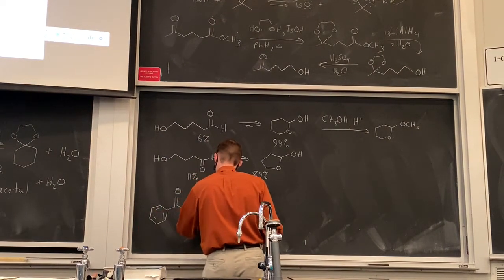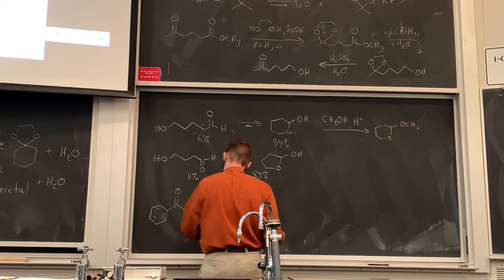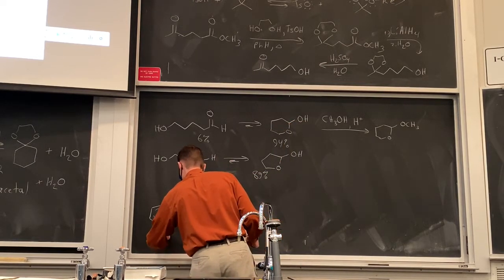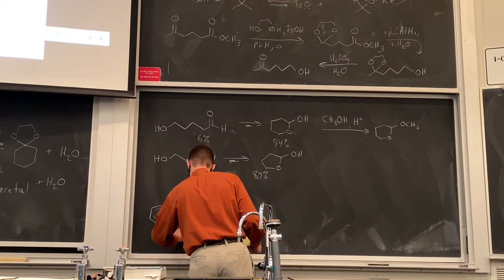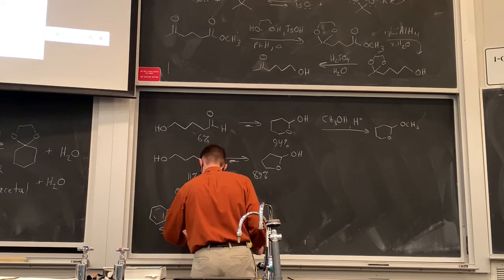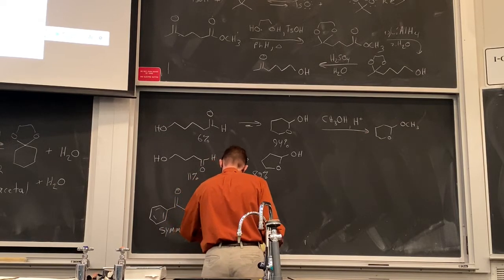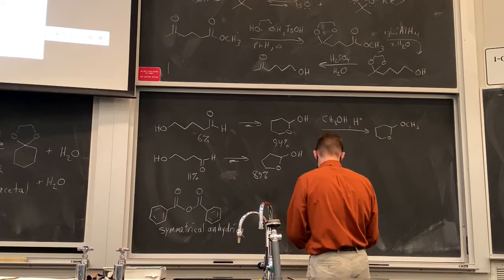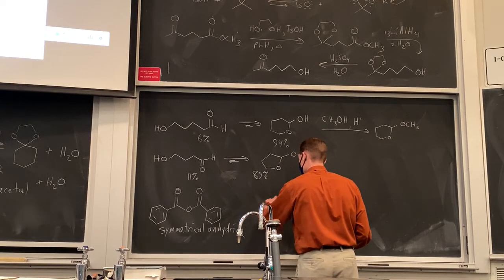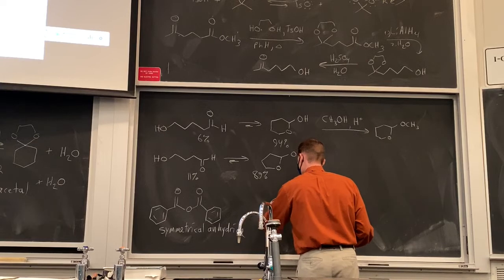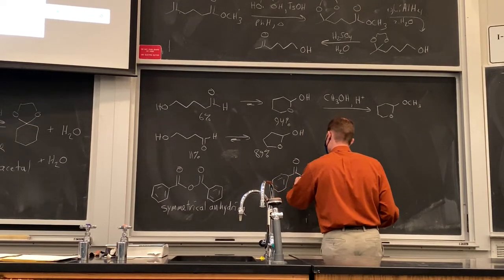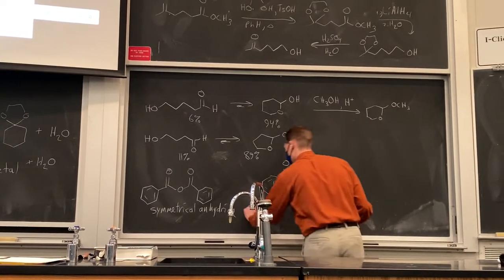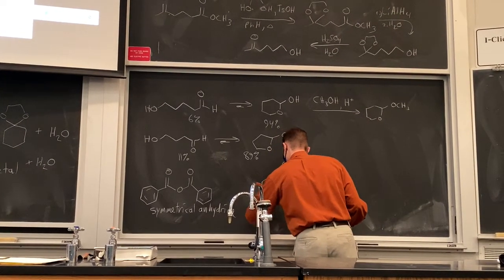We can have symmetrical anhydrides. These would be derived from two equivalents of the same carboxylic acid. Okay, so we would call this a symmetrical anhydride. And then if we have two different groups, if it's derived from two different acids, we would call that a mixed anhydride.